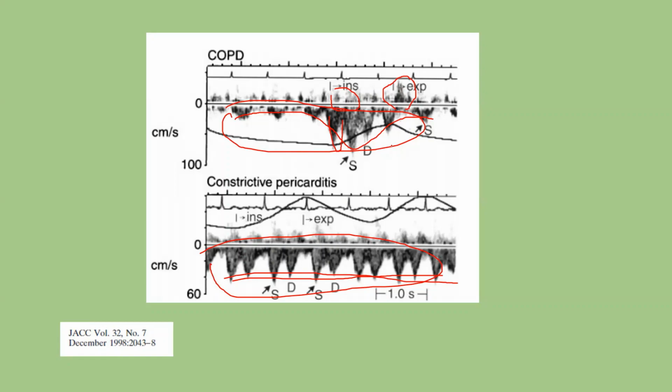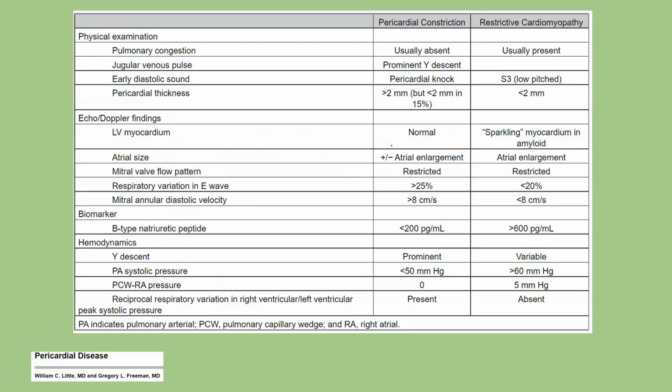Okay, good. Now of course constriction versus restriction shows up in the exams, and in the oral exams it is a bit disturbing. Usually they tell you which is which. The basic idea is that there are some similarities between the two, and they want to make sure that you are not going to decide on surgery for pericardial stripping for a patient with restrictive cardiomyopathy.